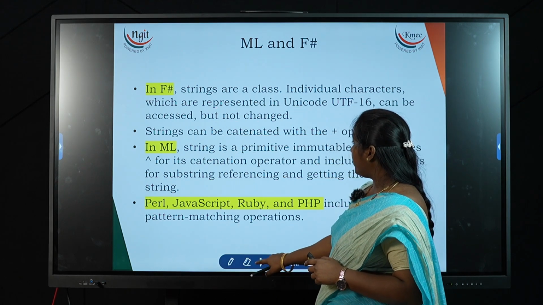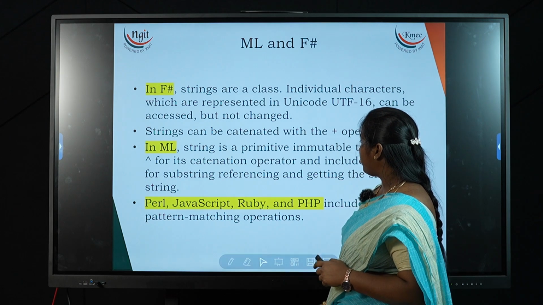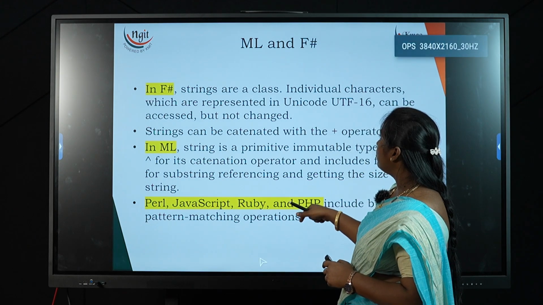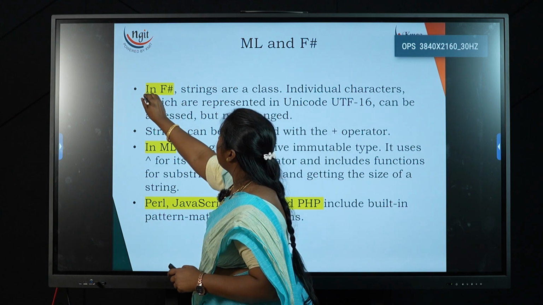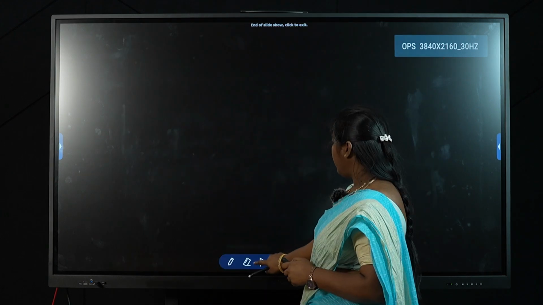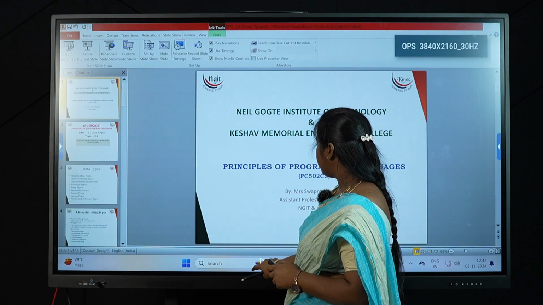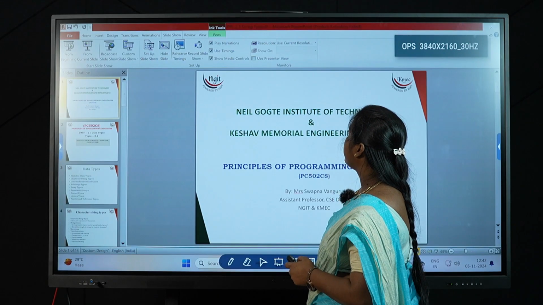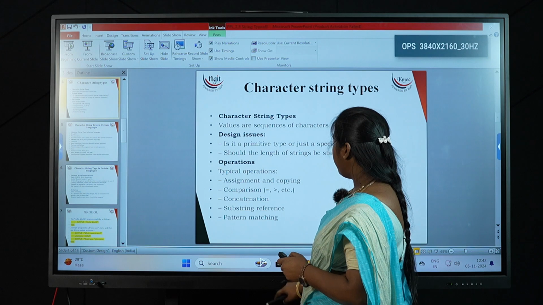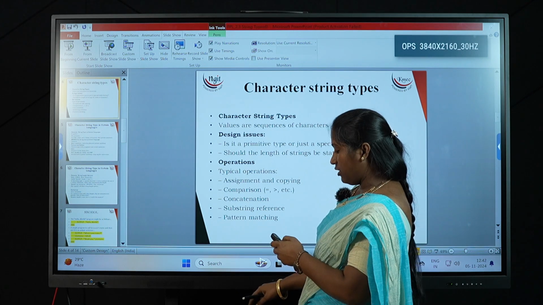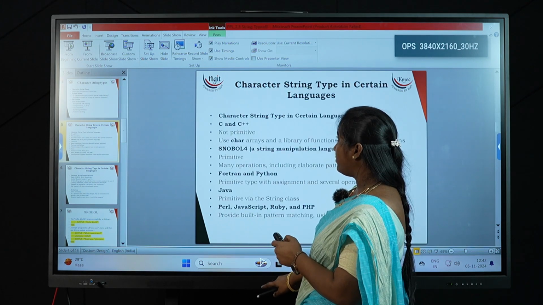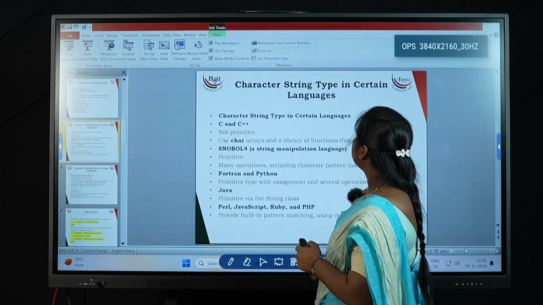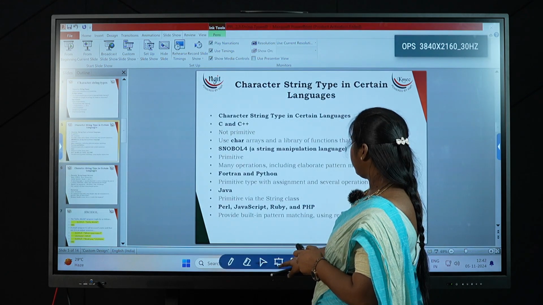The plus operator is generally not used in other programming languages, but it is used in F#. Let's see here, in F#, we use concatenation of strings with the plus operator. And in ML, we use the cap symbol to perform the operation. I'll show you.